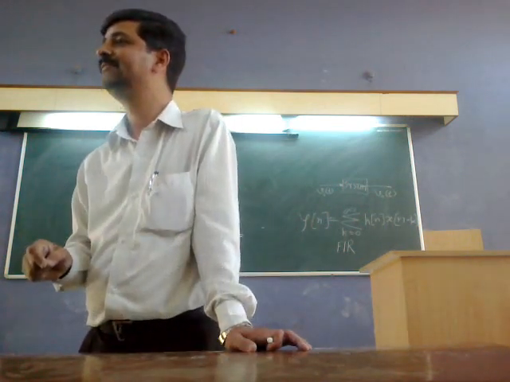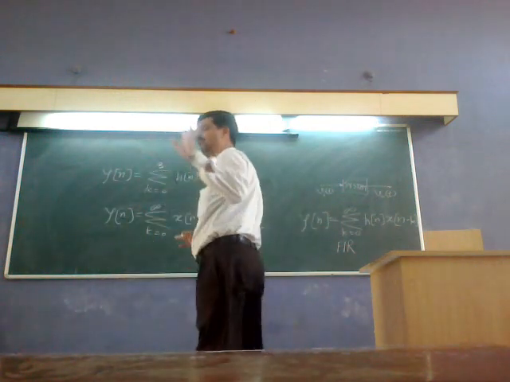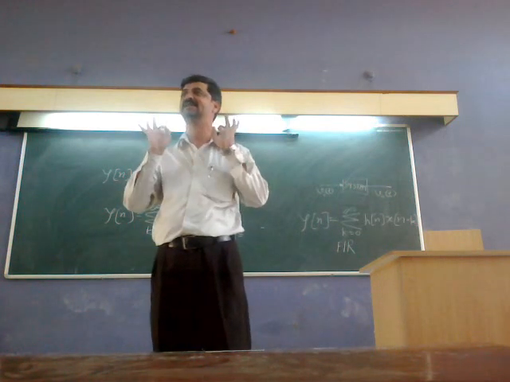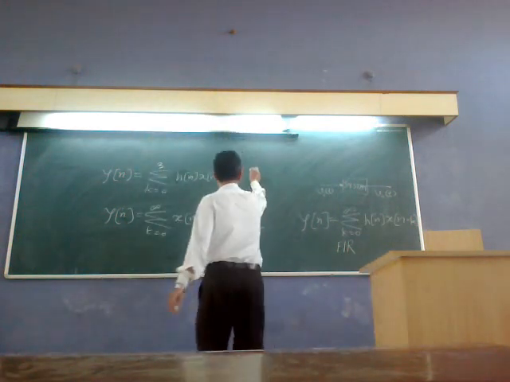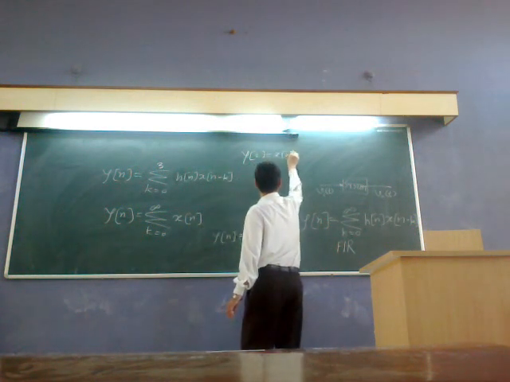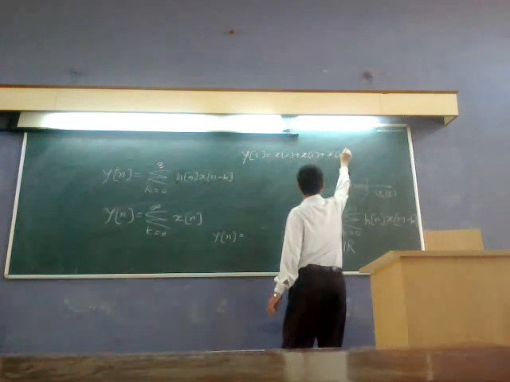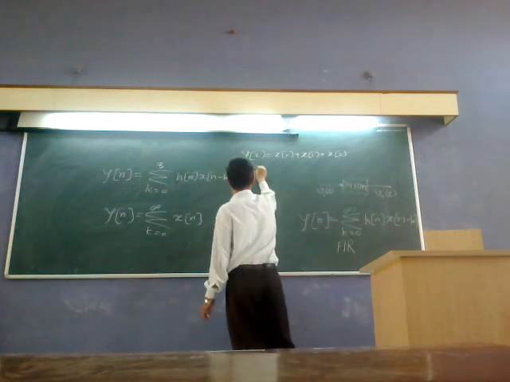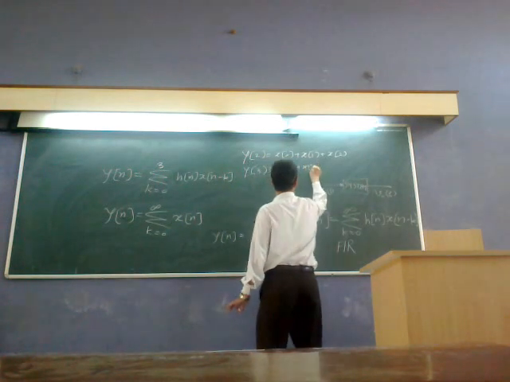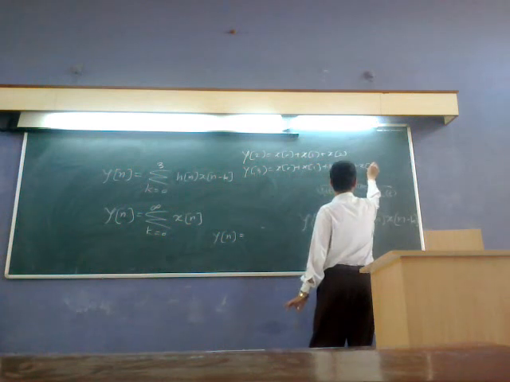What is y3? I want to write in such a manner that everybody should understand the answer. So now I have y2 equal to x0 plus x1 plus x2. Then y3 is x0 plus x1 plus x2 plus x3.